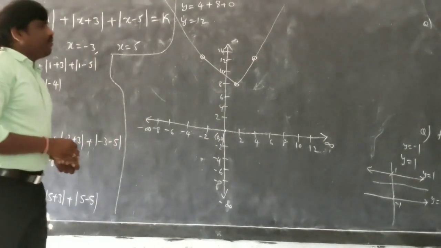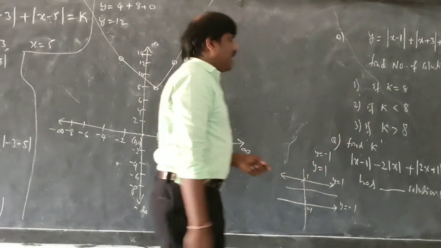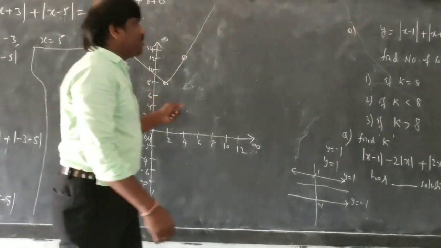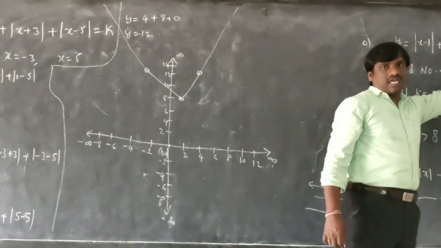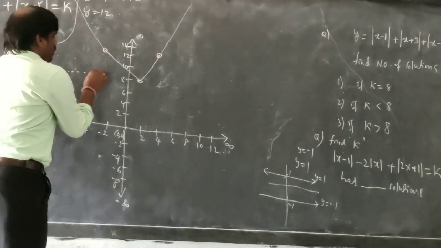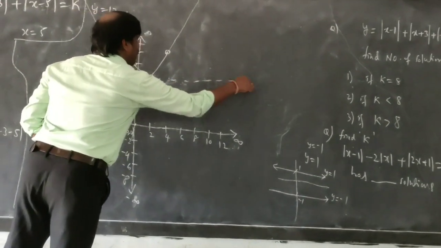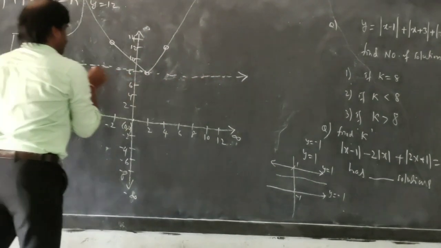Okay, so now the first question: k is equal to 8 means y is equal to 8. So the graph of y is equal to 8 will be like this. This one is the y is equal to 8 line.